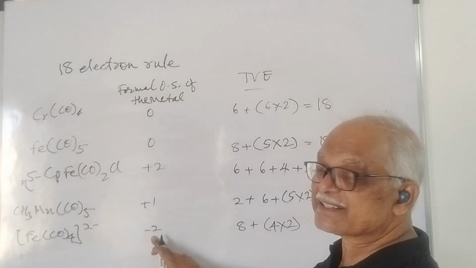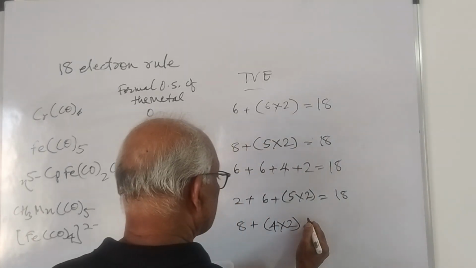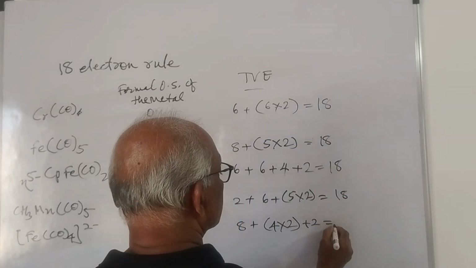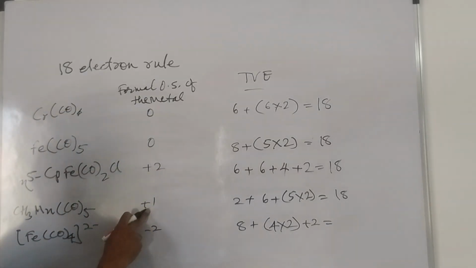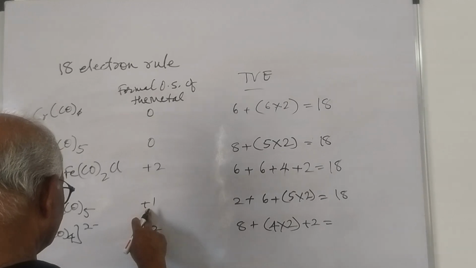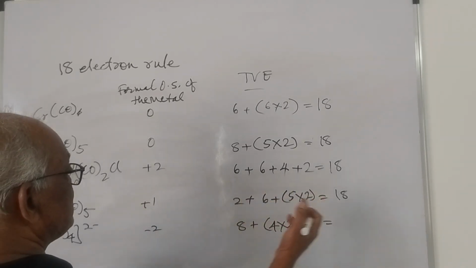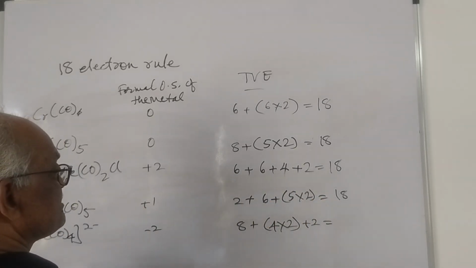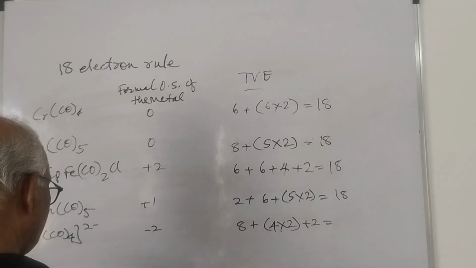When there is a charge of minus 2, we have to add 2 electrons. If it is plus 1, we have to subtract 1. So we have to carry out these calculations accordingly.